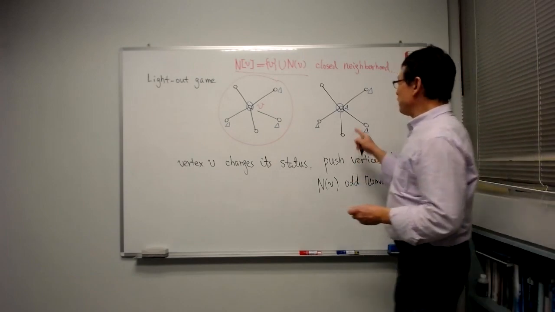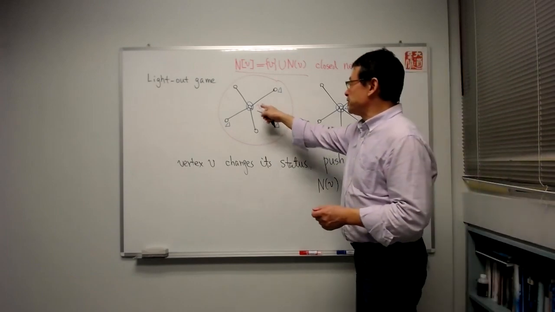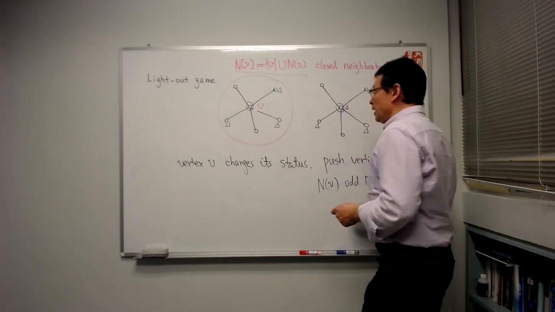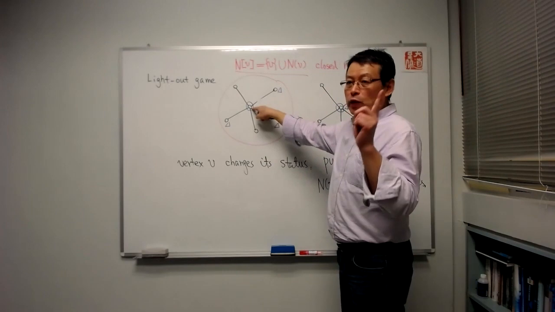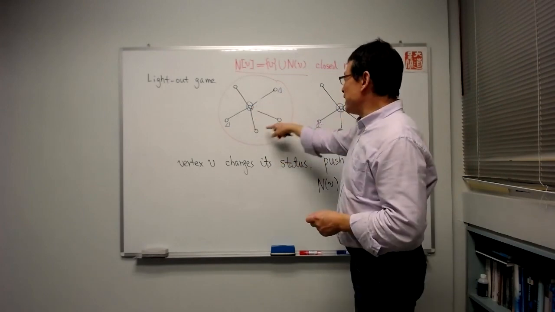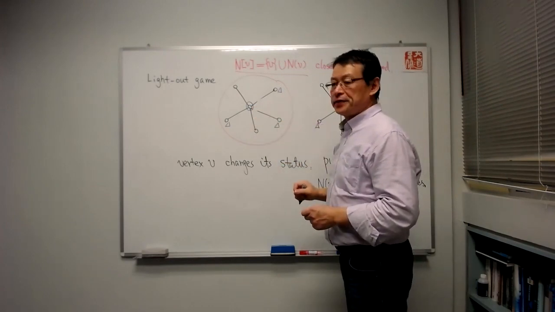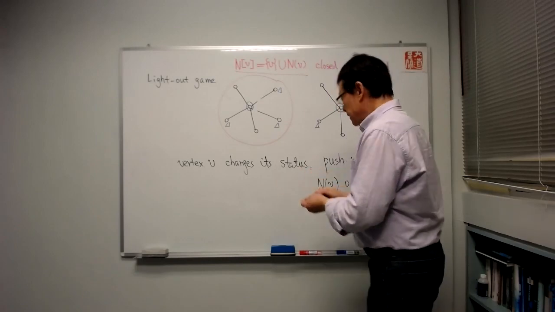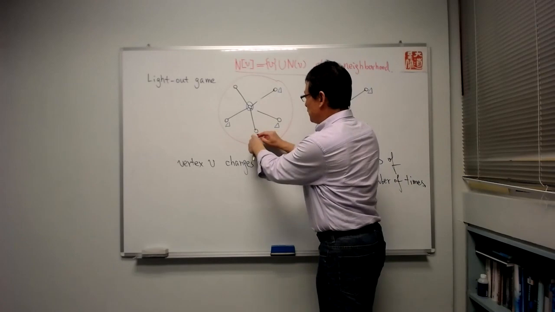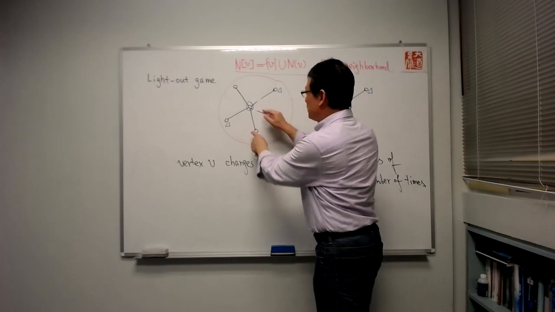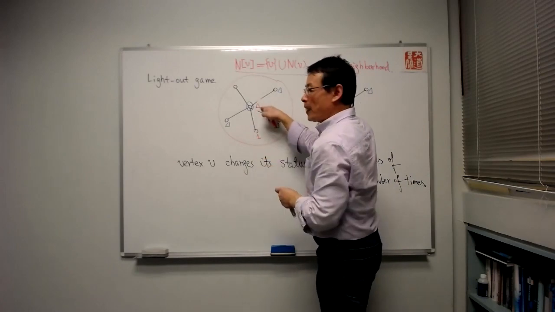So, for example, if I want to change the status of this vertex B, I can push this vertex an odd number of times, or push its neighbors an odd number of times in total. Then we change the status. For example, if I push this vertex once, the status will change to on.